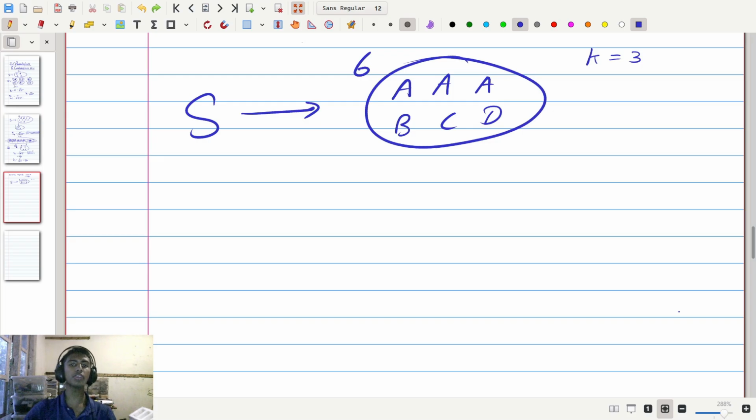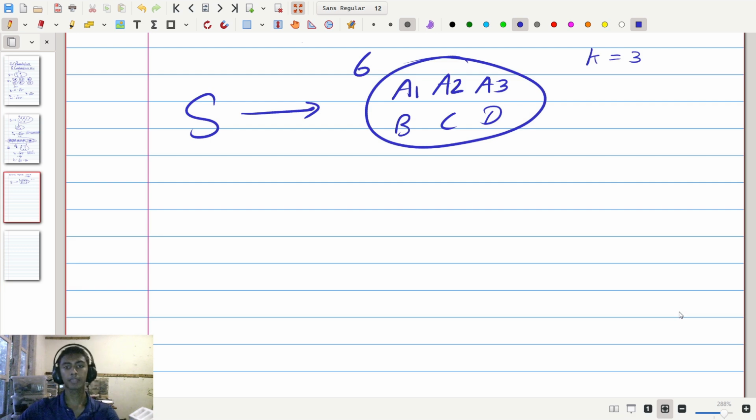In order to do this, I'm going to differentiate these 3 A's from each other by labeling one of them as A number 1, the second one is A number 2, and the third is A number 3. Now I have artificially made them unique from each other. So we had 3 duplicates earlier, there were 3 A's, but now I have artificially created them to be 3 different A's.